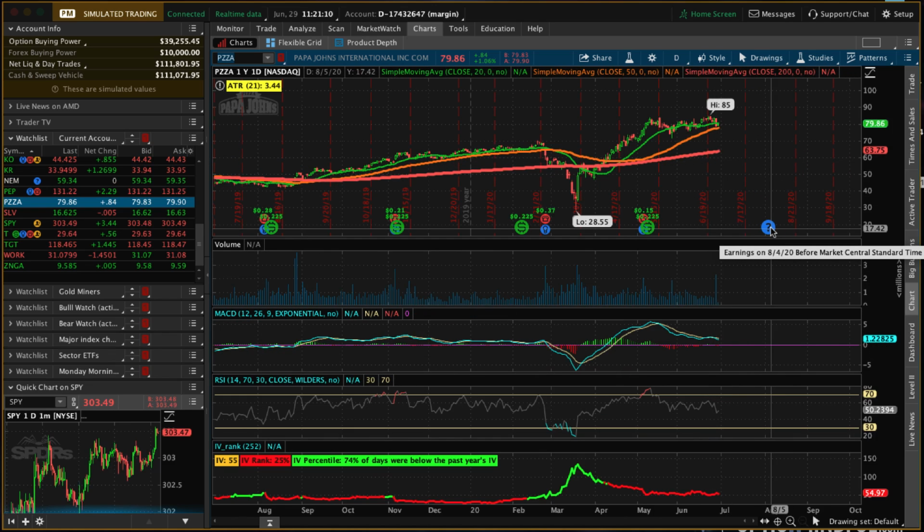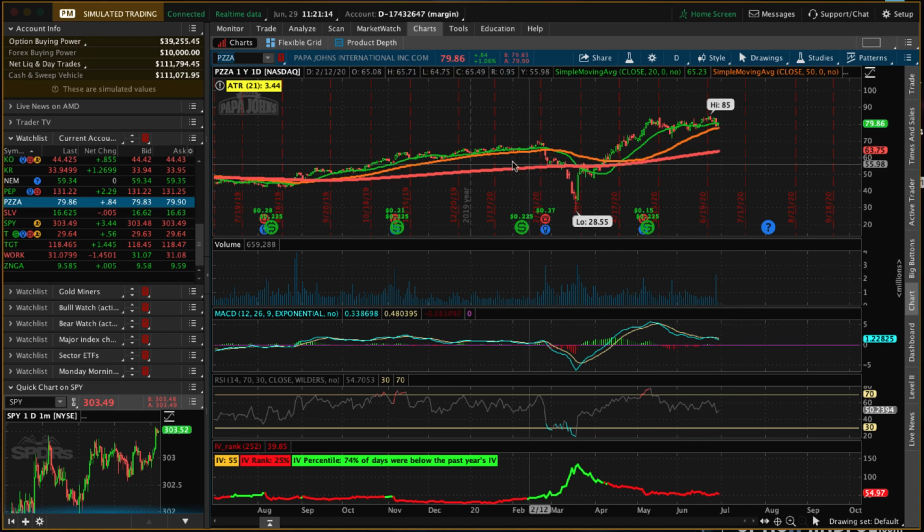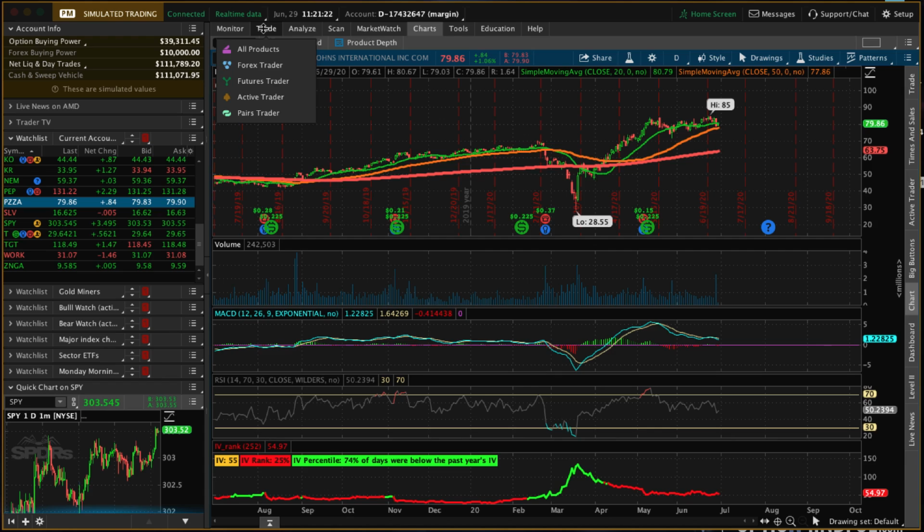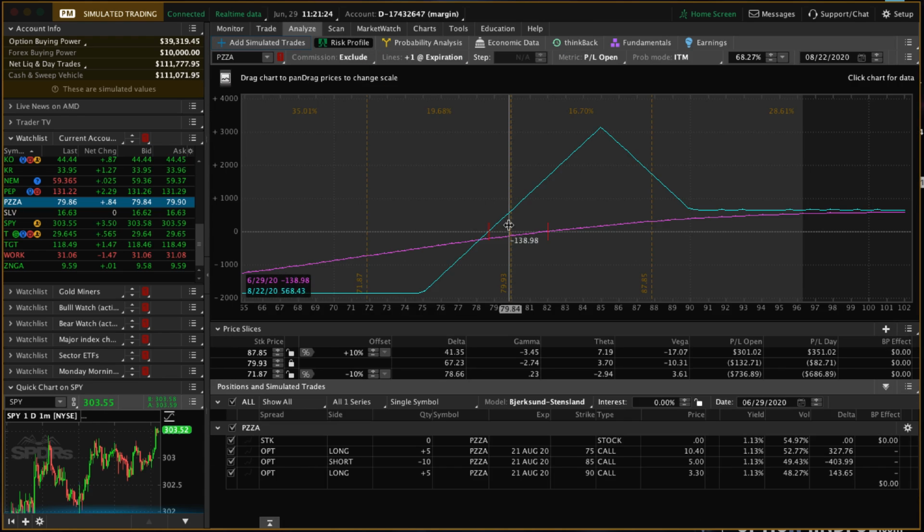The earnings are coming, and I think the earnings will be good because people eat a lot of pizza these days for some reason. Basically, my idea is to stay in this trade and see how this butterfly will perform. It's not gonna hit me much if the price drops back down. It's quite a big position.